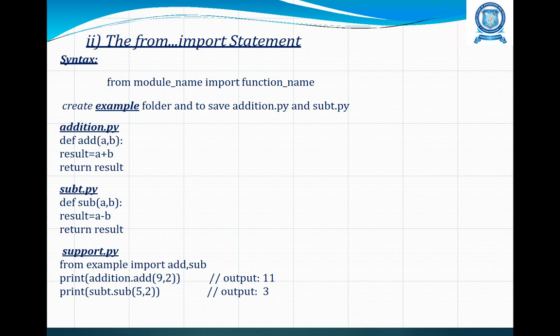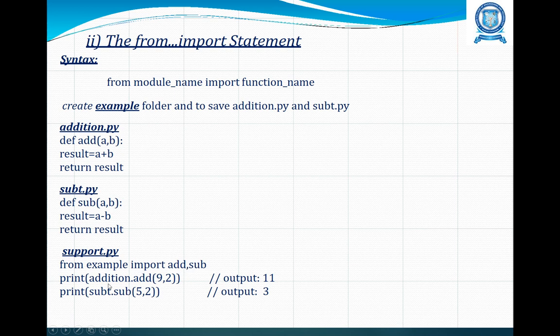Suppose you want to access these two files from another file, how do you access them? See the example, support.py. This file wants to access these two modules. So first write from the particular folder name example, import these two modules, add and sub.